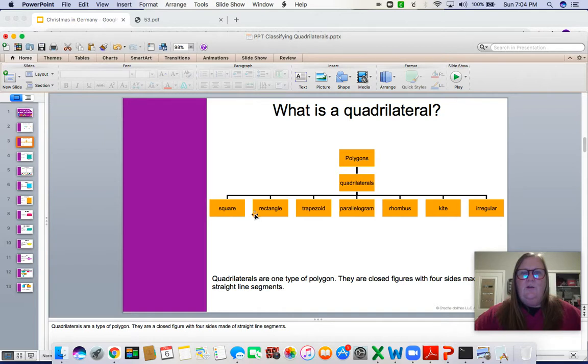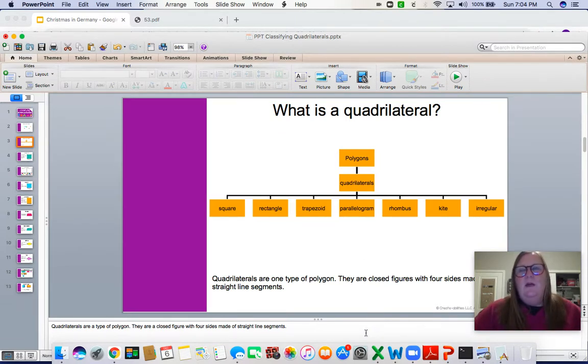There are squares, rectangles, trapezoids, parallelograms, rhombus, kite, and then there's also irregular quadrilaterals. And just a reminder, at the bottom it says quadrilaterals are one type of polygon.